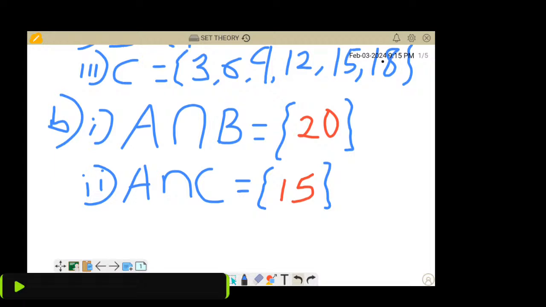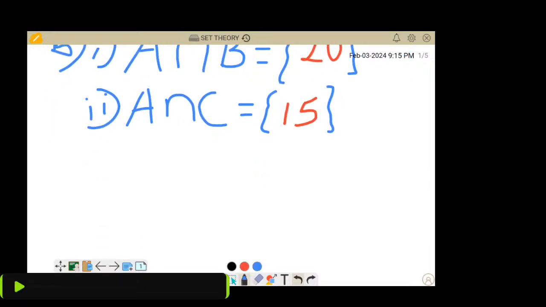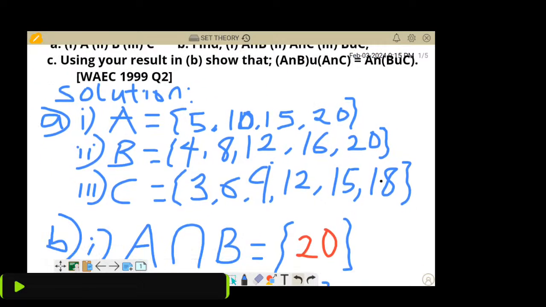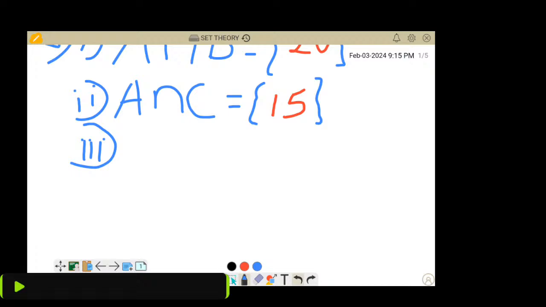Now for the third question, we have B union C. If you look at it, union simply means all the elements of B and C with no repetition.